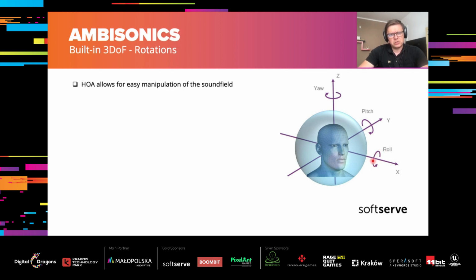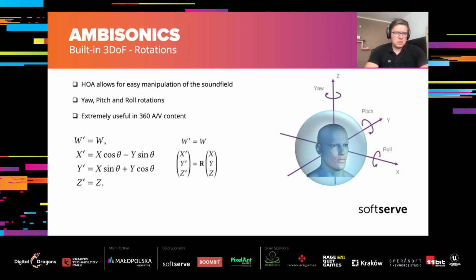We have 3 kinds of rotations here. There is roll rotation, which means rolling our head left or right. Pitch rotation, which means leaning our head to the front or to the back. And yaw rotation, which means rotating our head left or right.